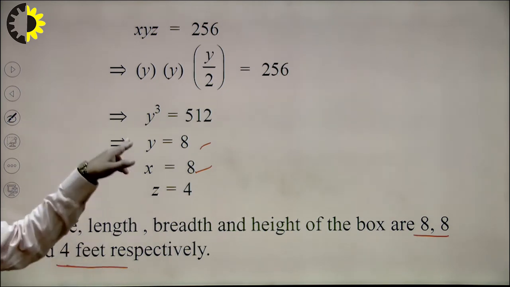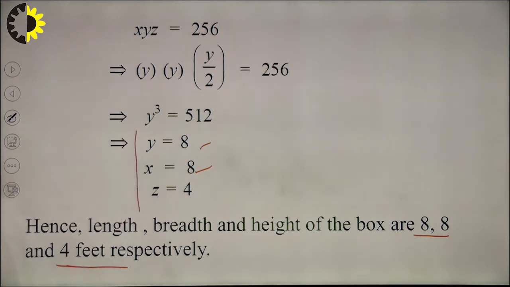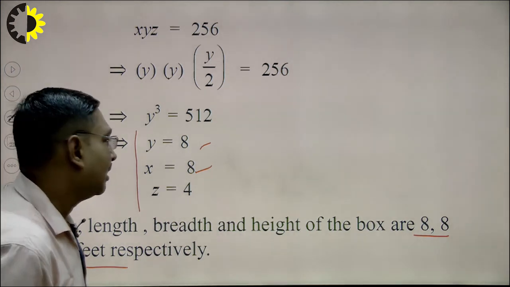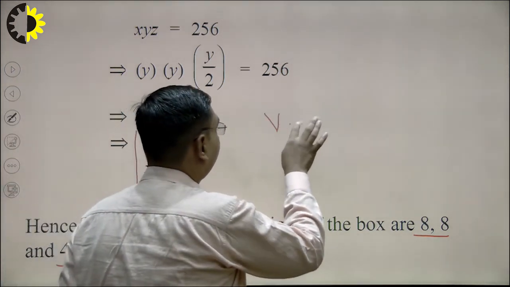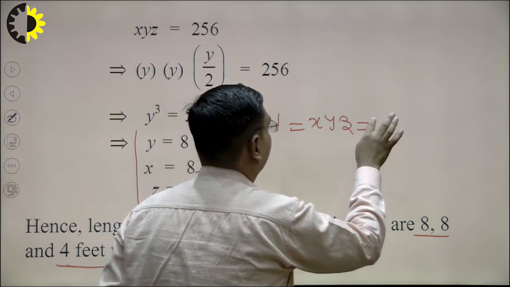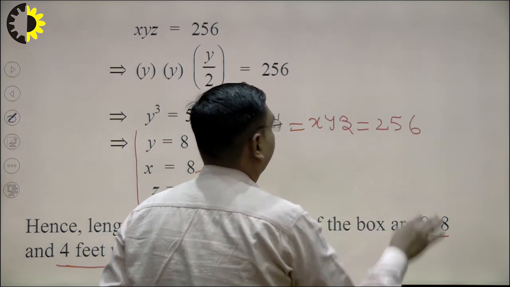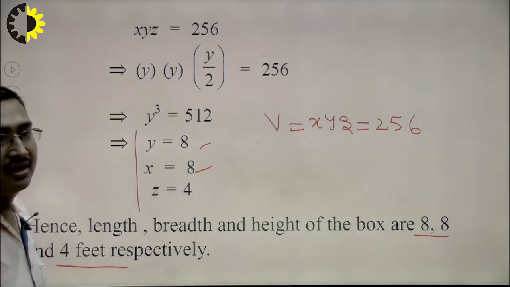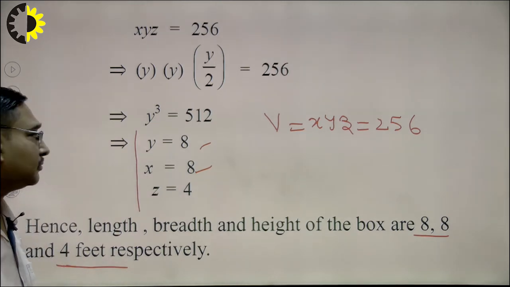We have seen that these values of x, y and z are a stationary point for this function. Our volume V is xyz, which is 256 and the surface area is to be minimized.